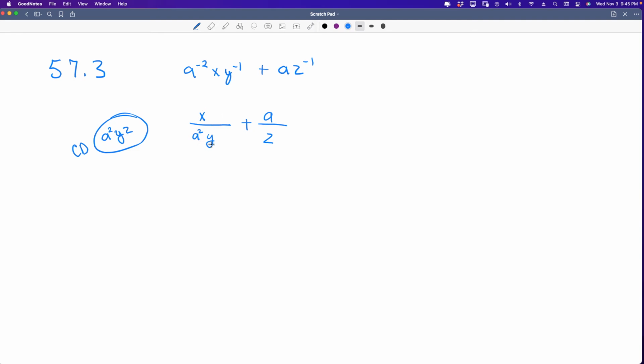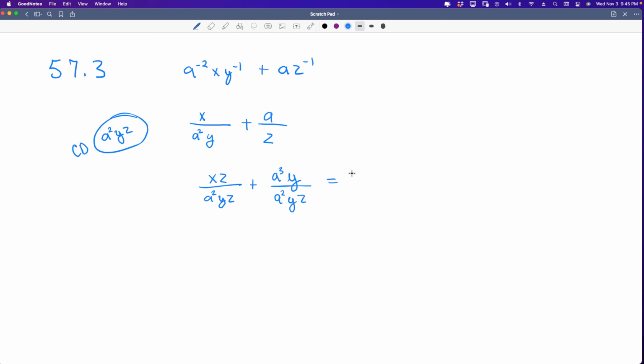So we multiply this whole fraction by z and we get xz over a squared yz plus, now we need the a squared y on this one, so we multiply. And when we multiply a squared times the a, we get a cubed y and then a squared yz on the bottom.